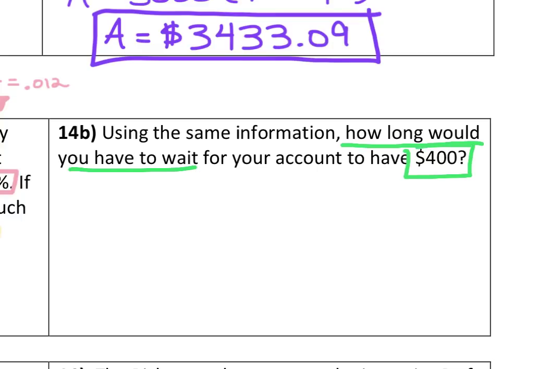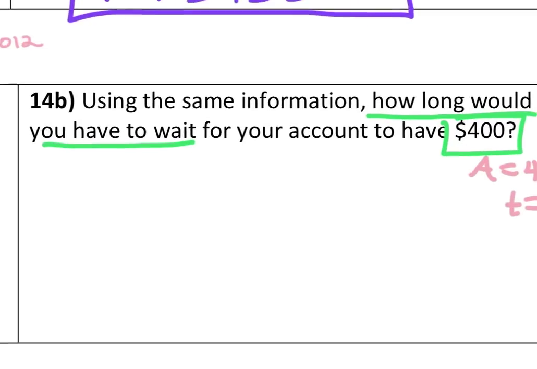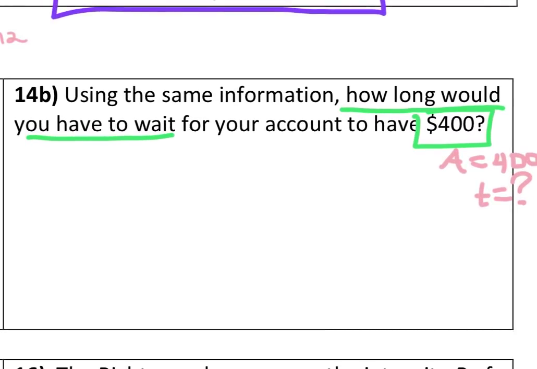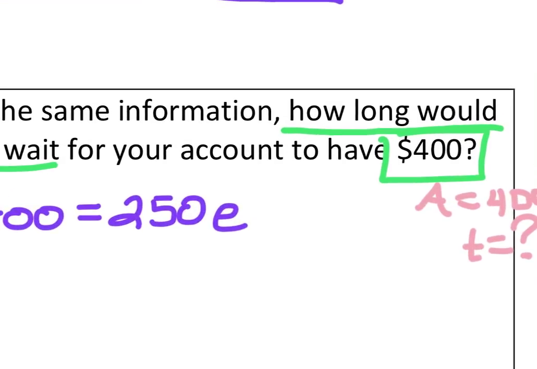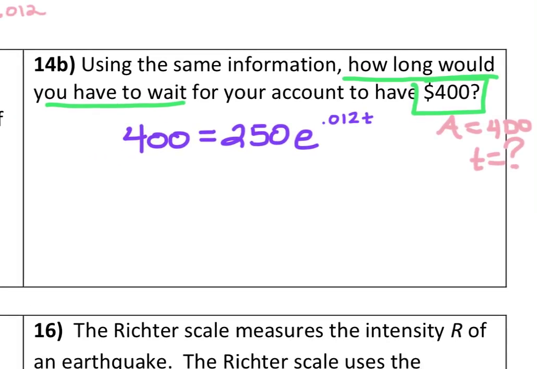So in this case, A is equal to 400, and you don't know T. So when you fill in the equation, instead of A, I'm going to write 400 equals, my principal is the same, so that's 250 times e to the 0.012 times T, which I don't know.